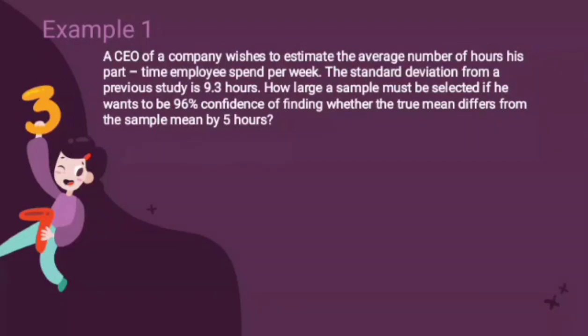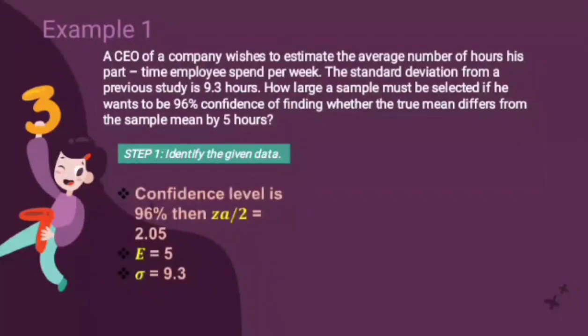Our first step is to identify the given data. Our confidence level is 96%, then our degree of coefficient is 2.05. Our margin of error is 5, and our standard deviation is 9.3. Our next step is to apply the formula.